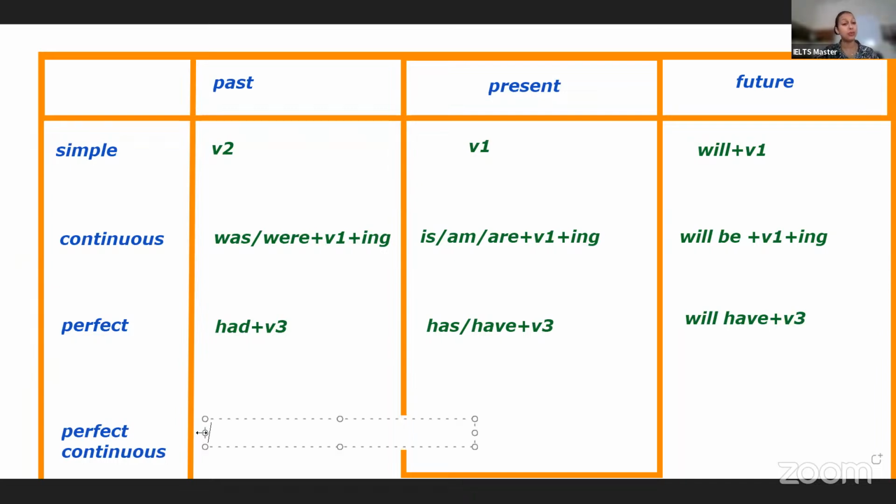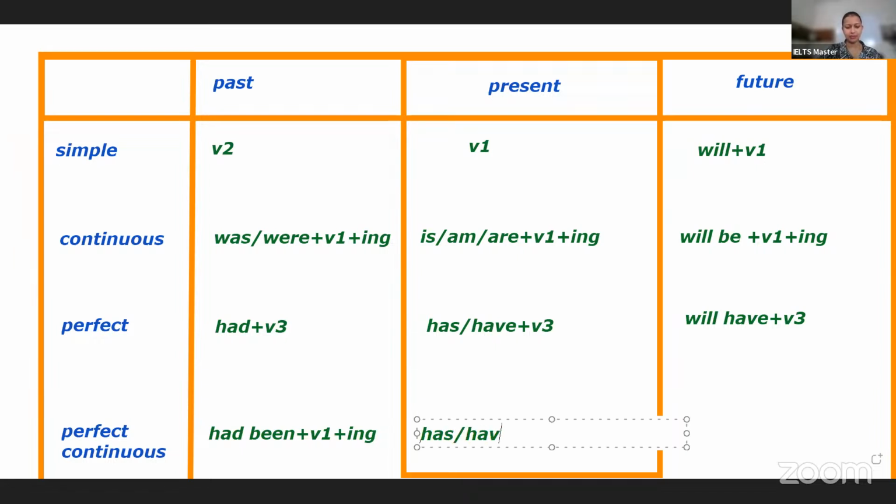If I talk about perfect continuous, we use had been and the combination of gerund. Then we use has, have been plus gerund.